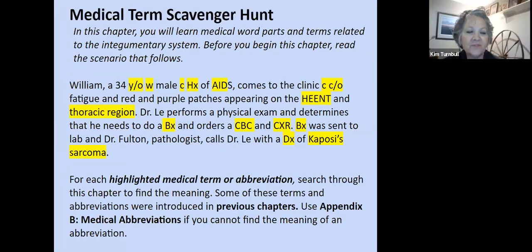We're going to start off with the first little activity. This snippet here is an example of one of the medical term scavenger hunts that we have in the textbook. It introduces a real life scenario that could be happening.